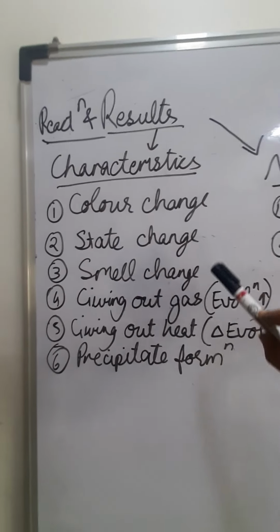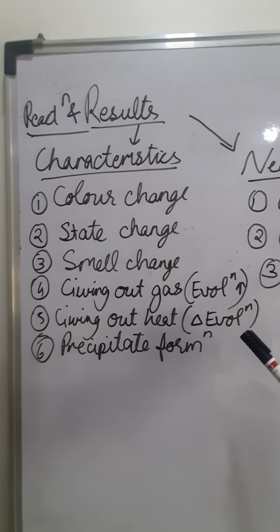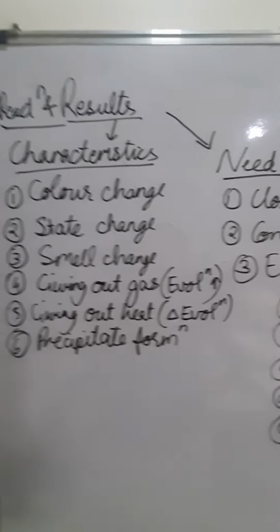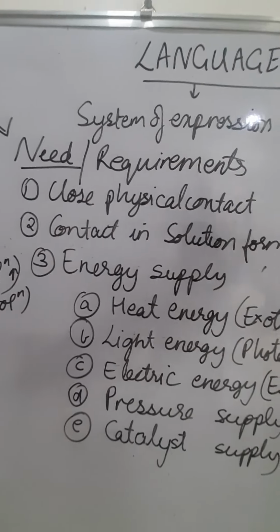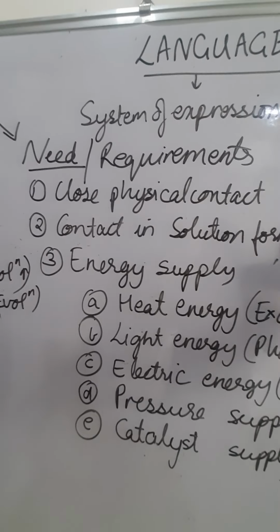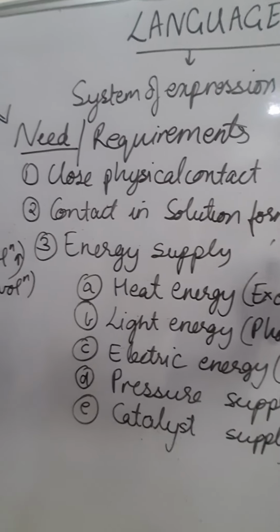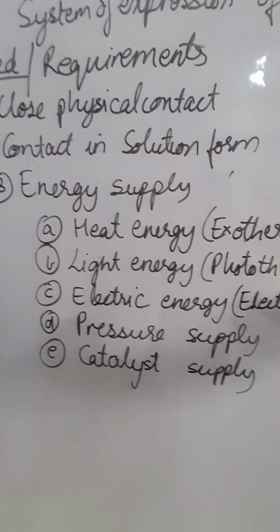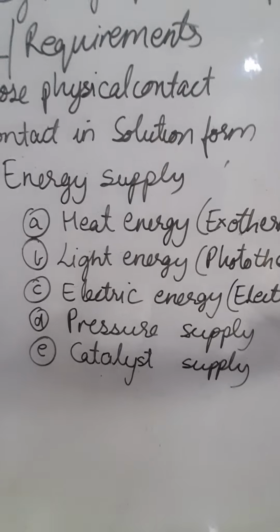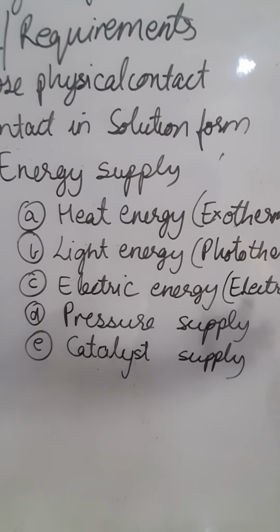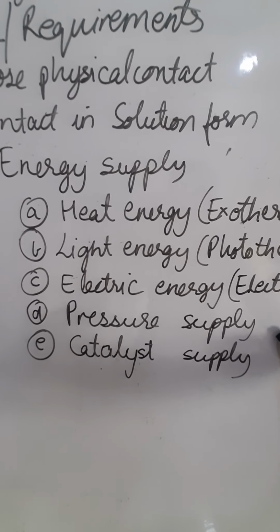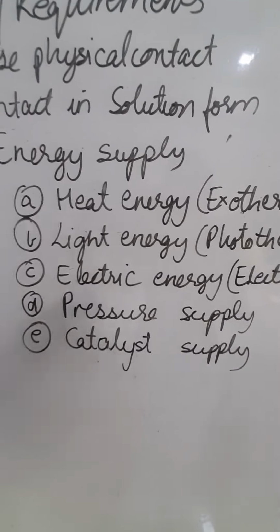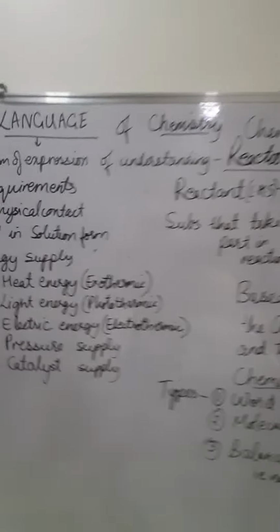Color change, state change, smell change, evolution of gas, evolution of heat, precipitate formation. What are the requirements? It can require close physical contact, close solution contact, energy like heat energy, light energy, electrical energy, as we know in electrolysis of water and sodium chloride, pressure supply as in ammonia formation, and catalytic supply. This is how it becomes easy.